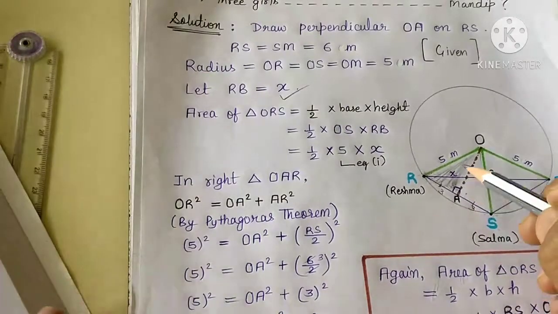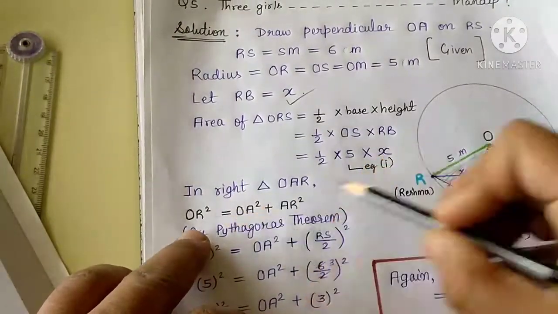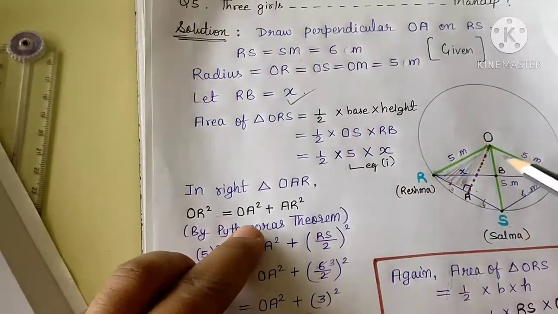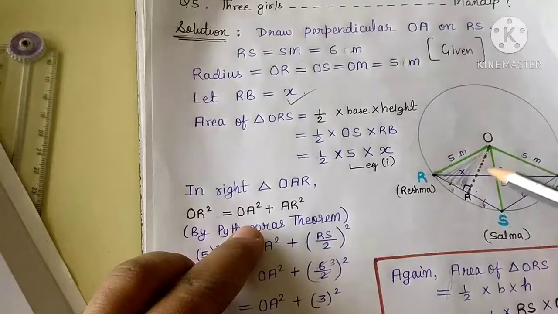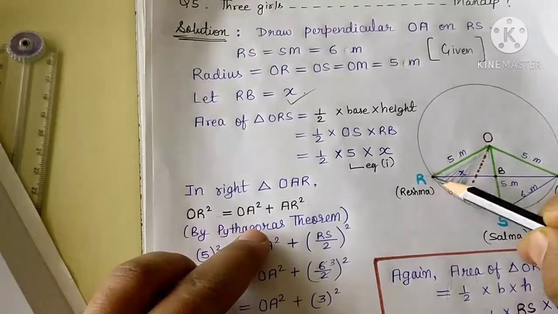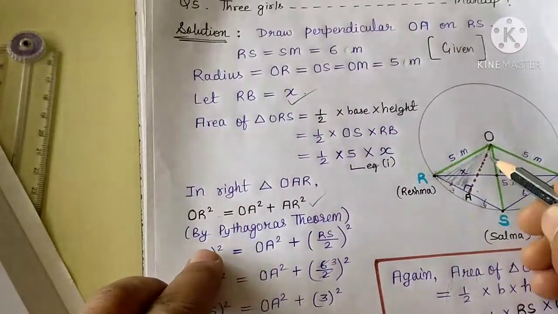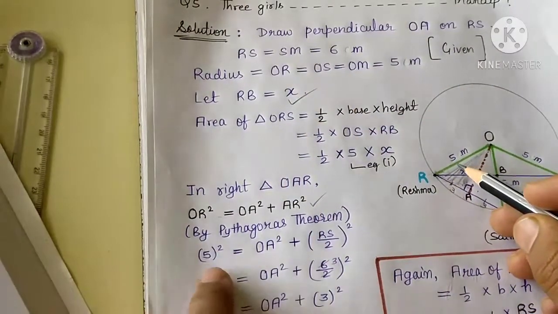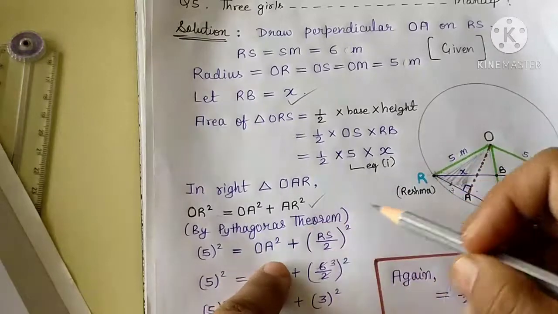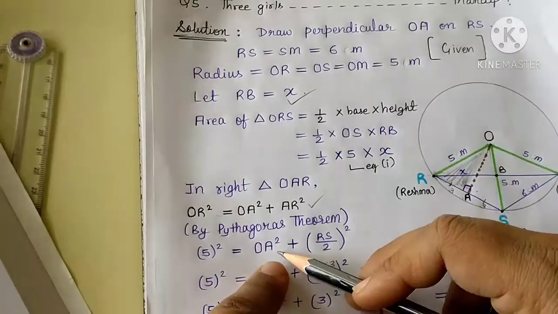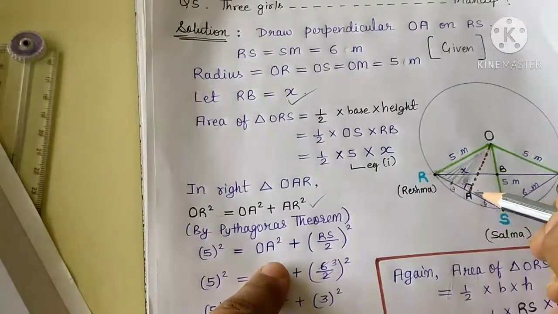OR, the hypotenuse square, equals base or perpendicular, anything you can take, OA square plus AR square. Now by putting the values, OR is given as 5 meter, so we put 5 square. OA we don't know, so we need to find it out. So we write OA square only, plus AR square.